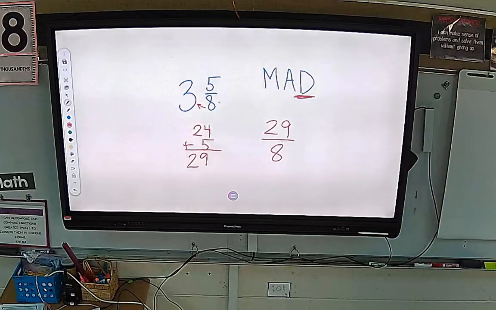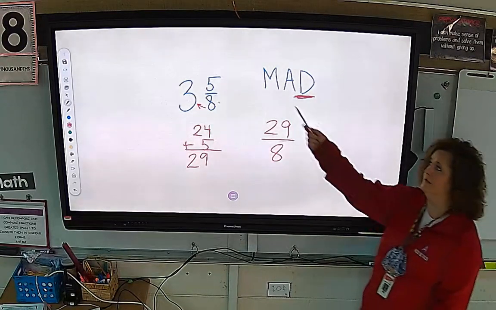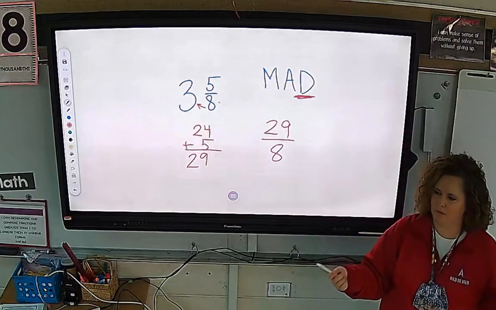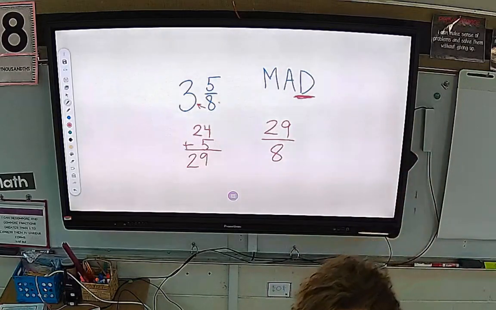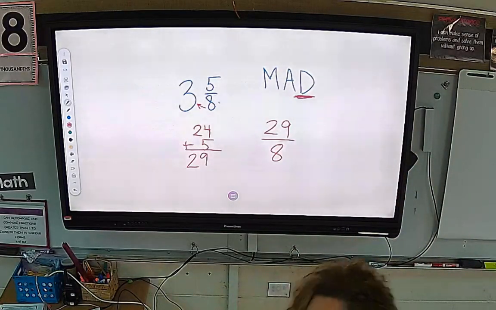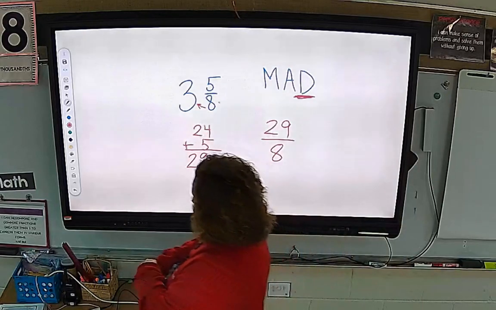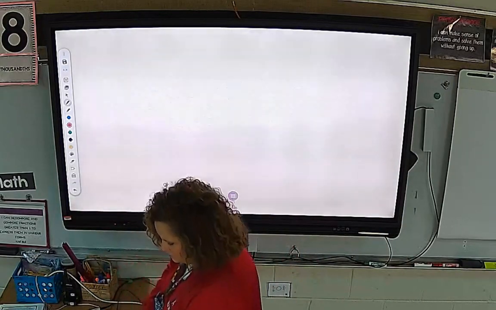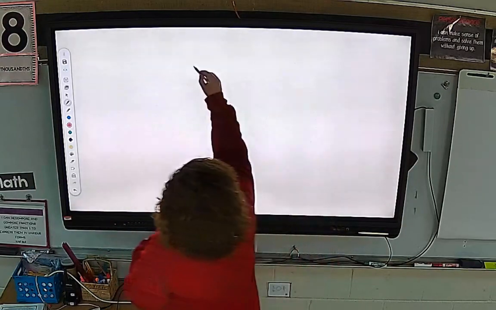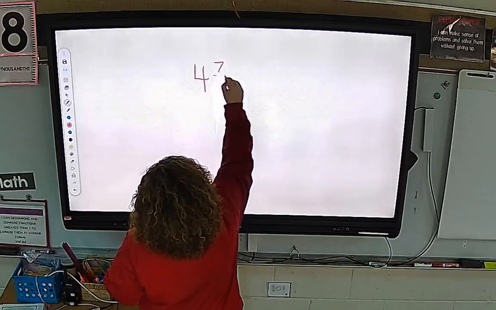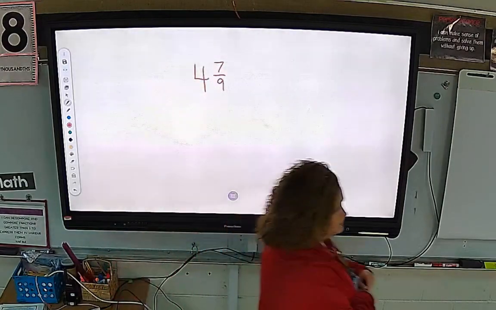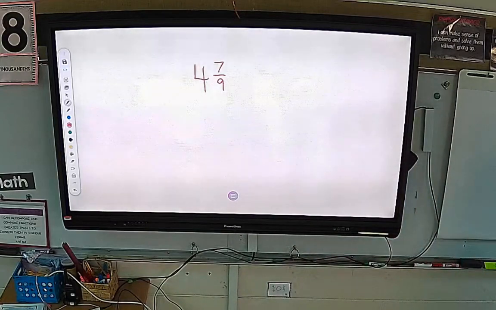So if you can remember this by thinking MA, great. If you can remember this better by thinking MAD, great. Okay? Whatever helps you. Let's do one more of these. Okay, please turn that into an improper fraction.